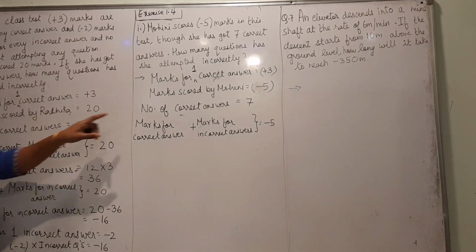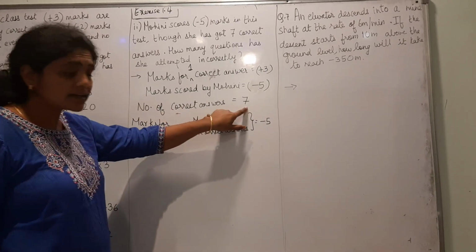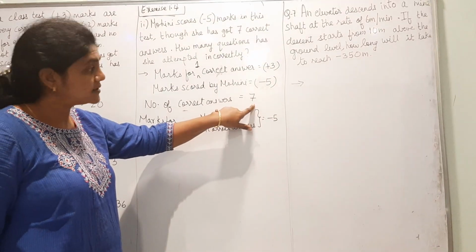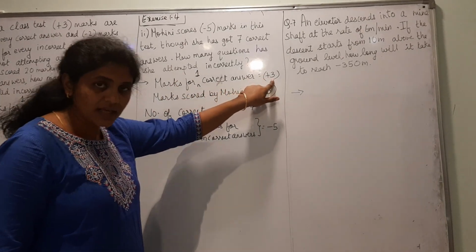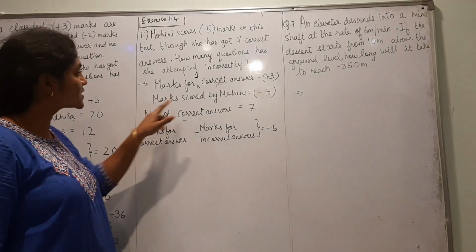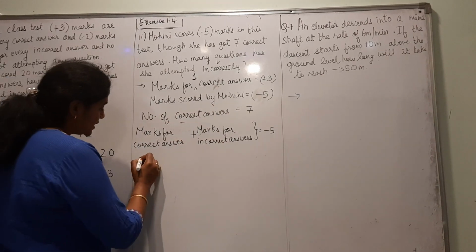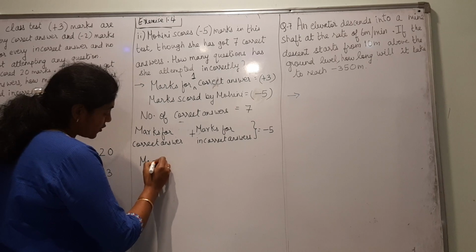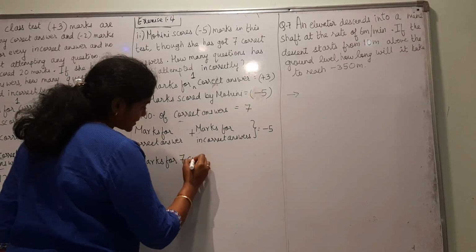Now, she has got 7 answers right. For one correct answer, marks is 3. We will find marks for 7 correct answers.